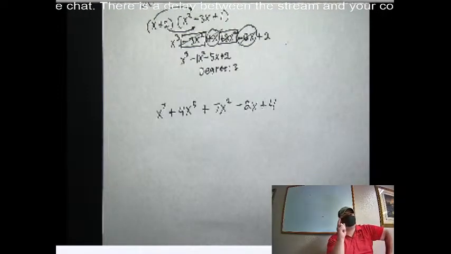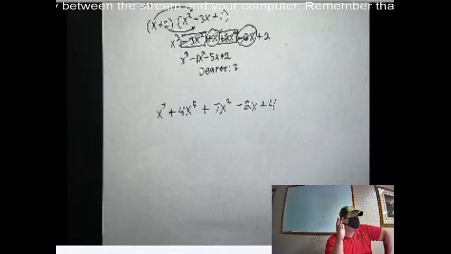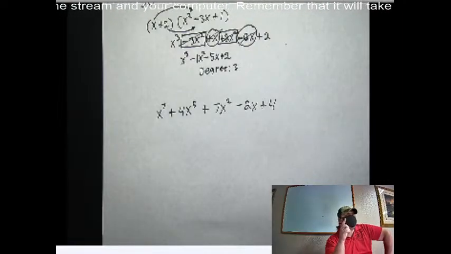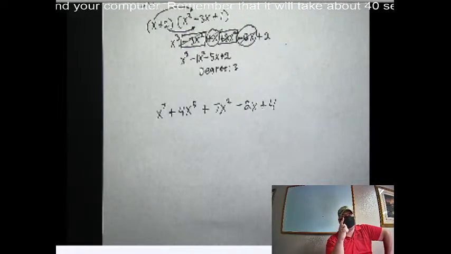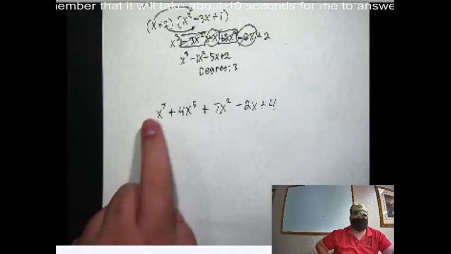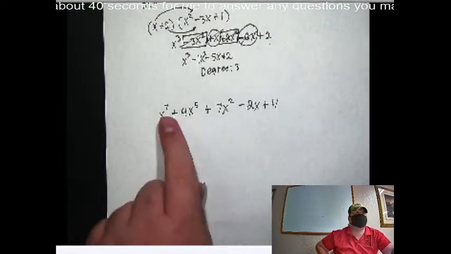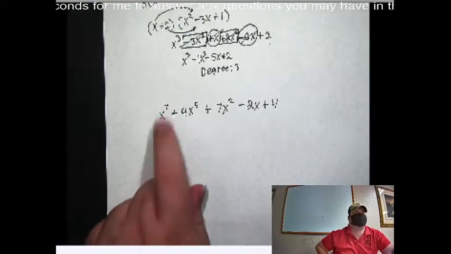Now if we look at this, we'd say, okay, there's 1, 2, 3, 4, 5 terms. But the degree tells us, actually there's more terms than we think here. Again, the degree tells us a lot about this polynomial. What is the degree here? 7. Highest is 7.